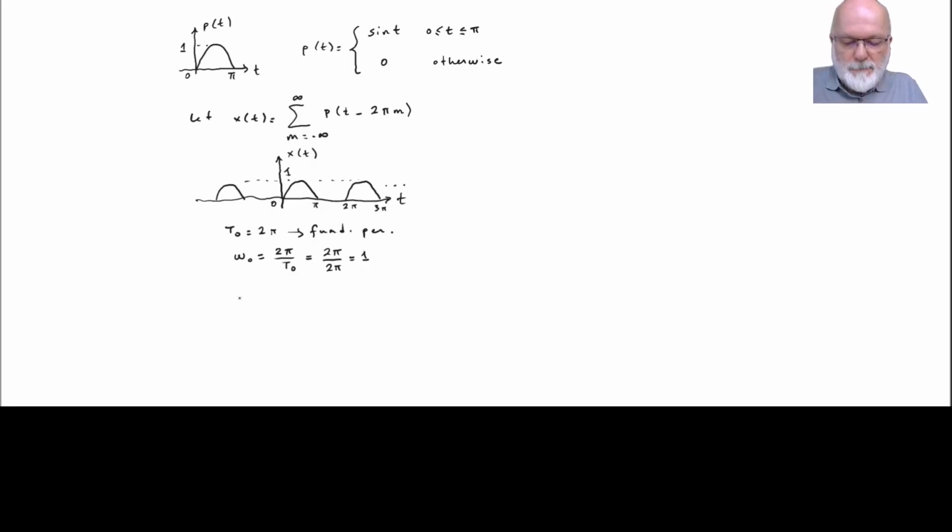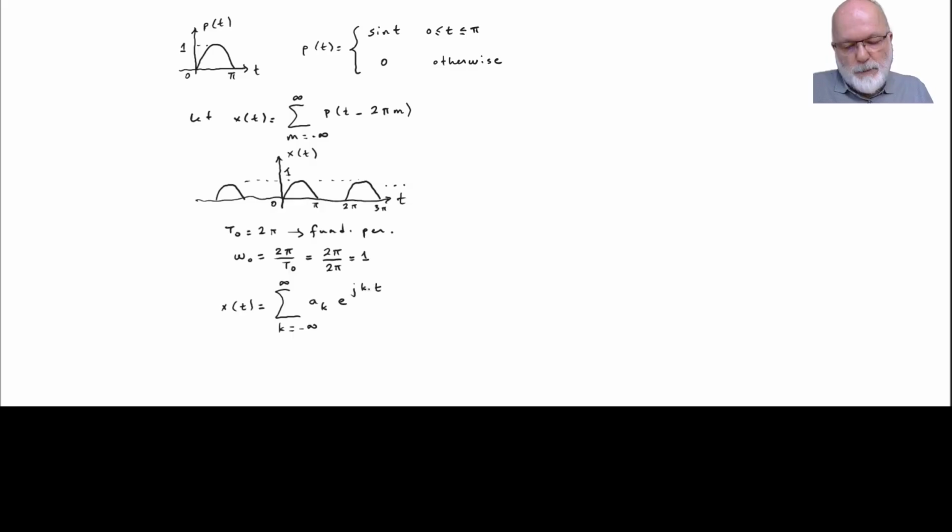This means that the Fourier series representation of x of t will be the sum over k running from minus infinity to plus infinity of ak e to the j k t.